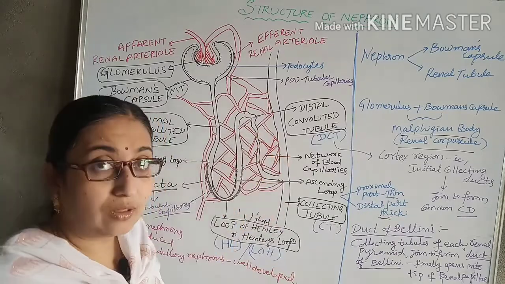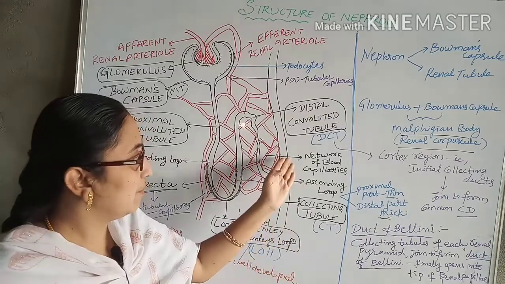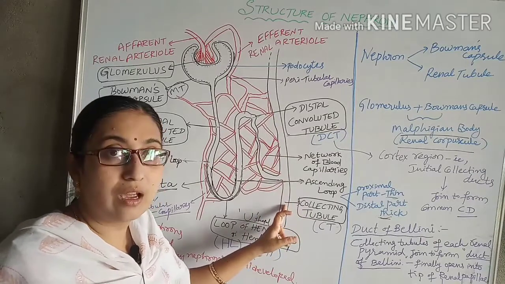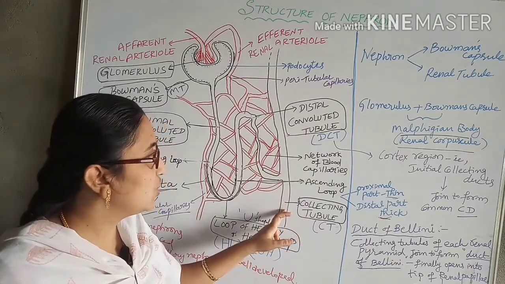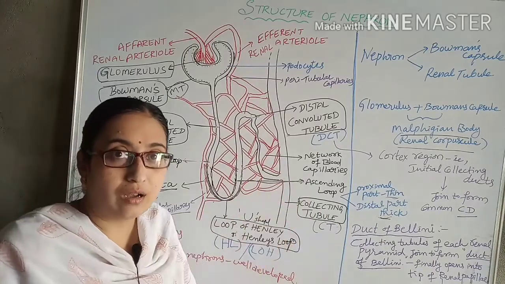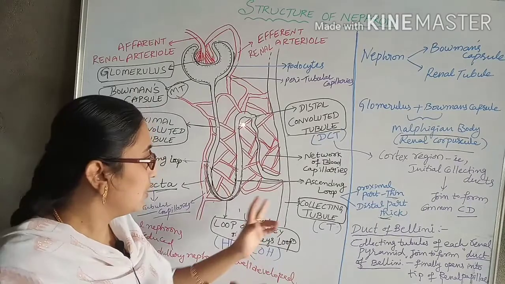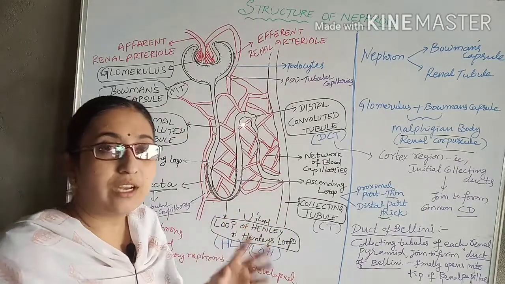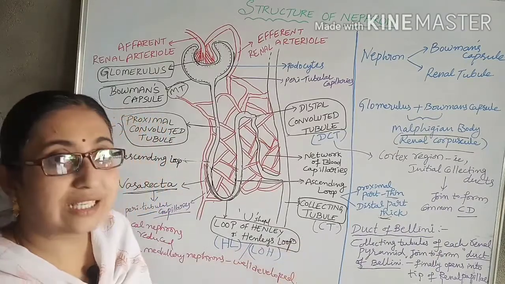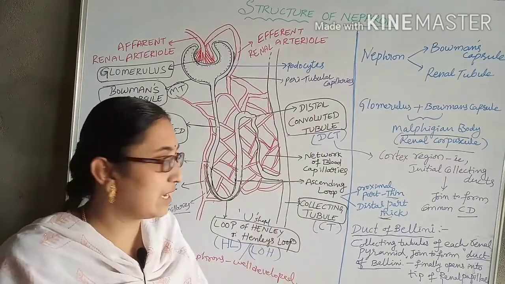Okay, so after reabsorbing, only the concentrated urine is sent into the collecting tubule. So the collecting tubules of all the medullary region are collected into the common tubule. So that common tubule is called the renal tubule.